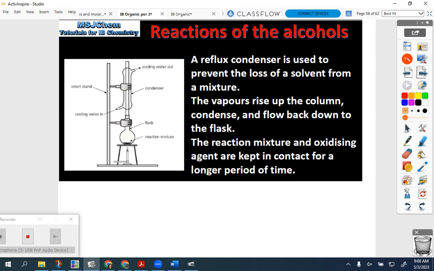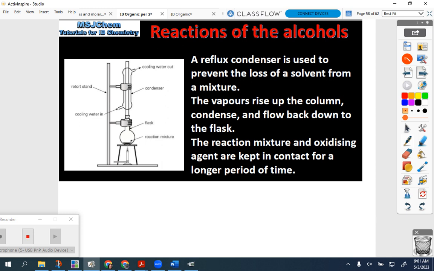So we're going to keep the aldehyde in the reaction mixture to be fully oxidized so that by the end of the experiment, we should have carboxylic acid in our reaction flask. We shouldn't have stopped at the aldehyde. If we have enough of our oxidizing agent in the flask, then everything is going to be fully oxidized all the way to the carboxylic acid.